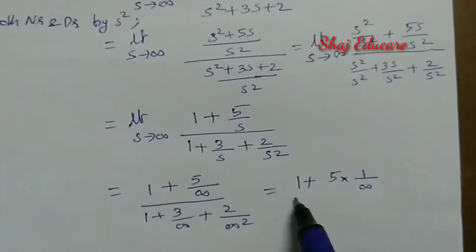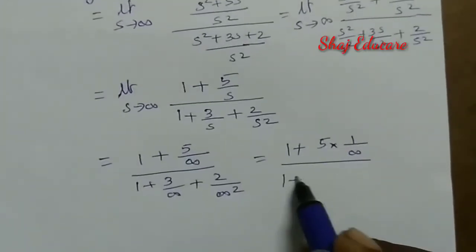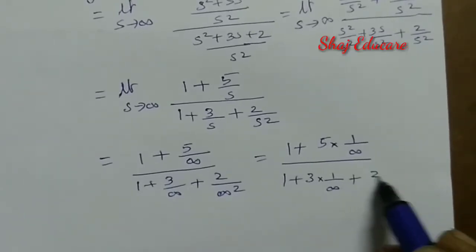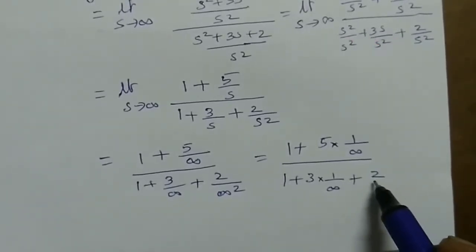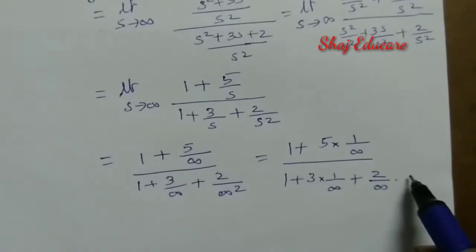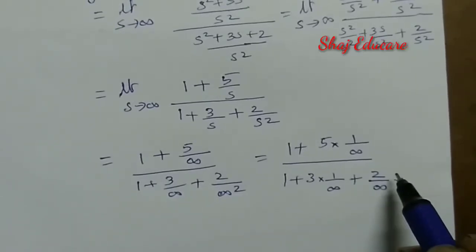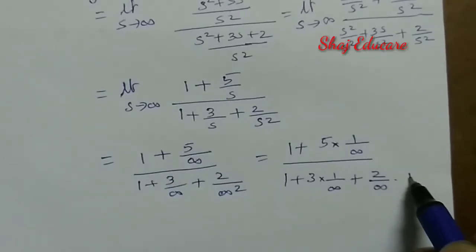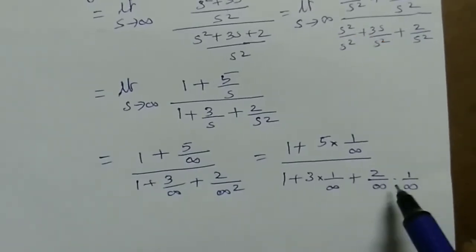All divided by 1 plus 3 into 1 by infinity plus 2 by infinity squared, which is 1 by infinity into 1 by infinity itself.